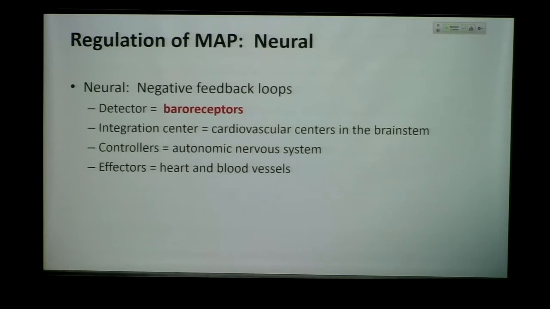But basically, baroreceptors are detecting pressure. They're going to communicate to integrating centers, which are usually in the medulla. And then they're going to send a response via the autonomic nervous system. Again, something we've seen before. That is going to bring about some type of response in the heart and on the blood vessels, depending on our initial stimulus, whether it was an increase in pressure or a decrease in pressure.